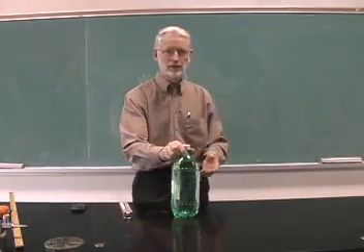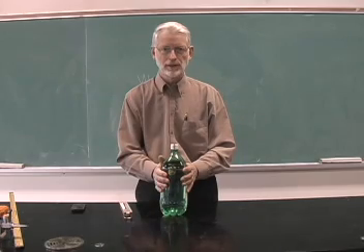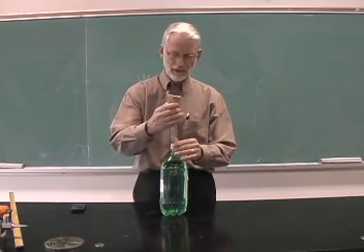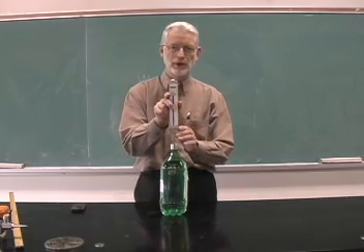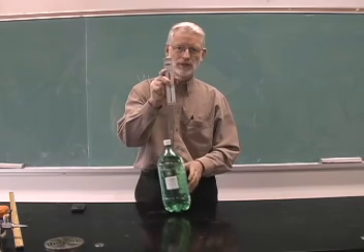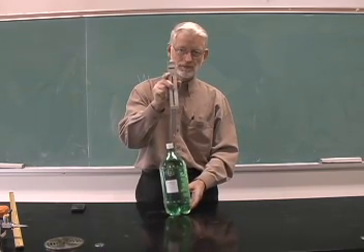If I take this mass now, this is a 2 kilogram mass, and I lift that with my spring scale, we can then measure the force on that. A 2 kilogram mass will have a force of about 20 newtons.